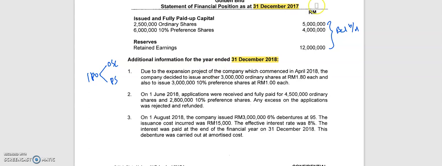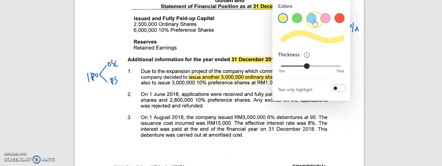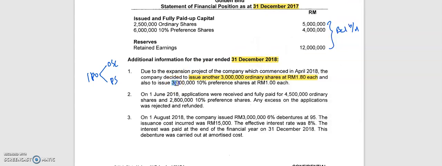The company decided to issue another 300,000 ordinary shares at RM1.80 each and 3 million preference shares at RM1 each. What does it mean here? You are given the amount issued and the issue price, for both OSC and PSC.